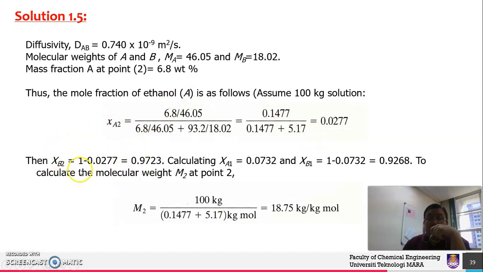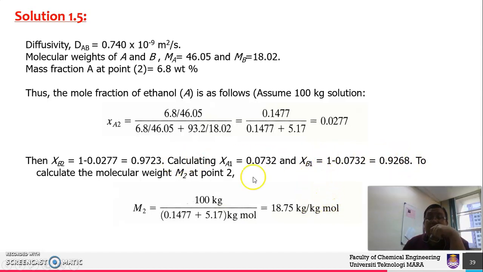Automatically we get the mole fraction of water, which is 97.23%. With the same approach, we get the mole fraction for ethanol at the first point. This time around it is not 6.8 anymore, it's 16.8. It results in 0.07 for ethanol and 0.93 for the mole fraction of water.